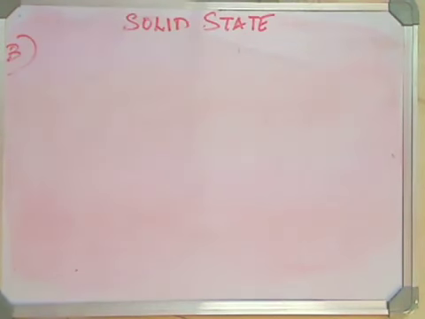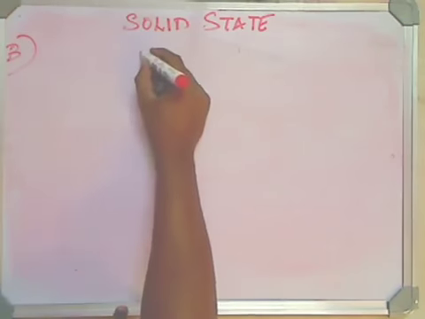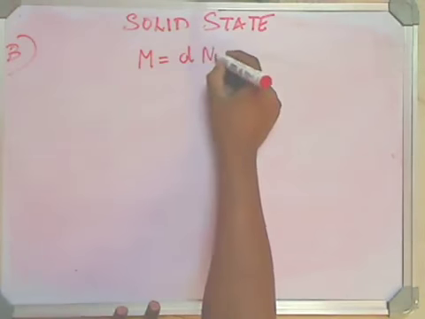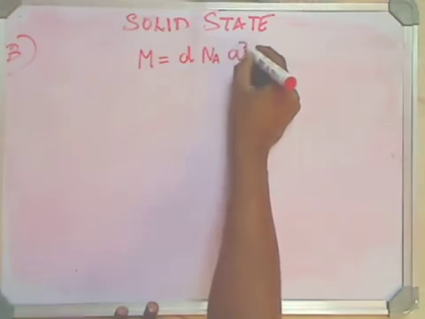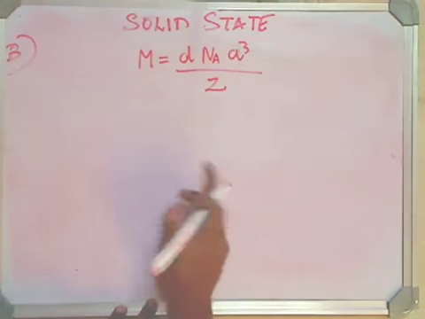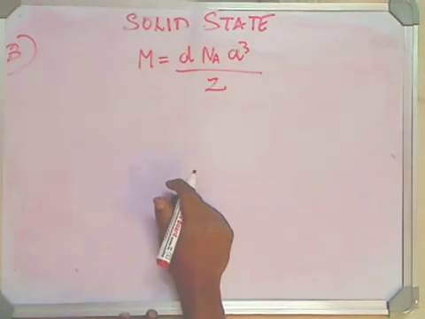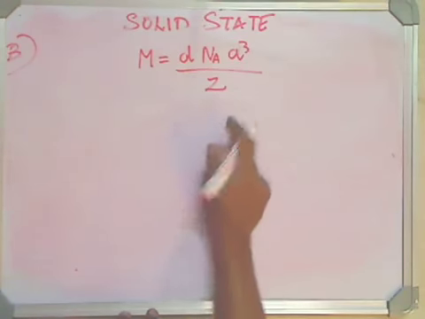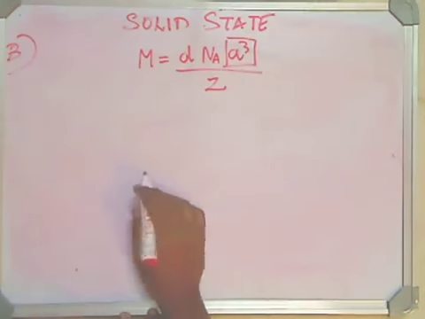Now, if you remember the previous formula that I used, m equals d, the Avogadro constant, a cube, divided by z. If I were to change the formula here and there, the first thing I would look for would be this.